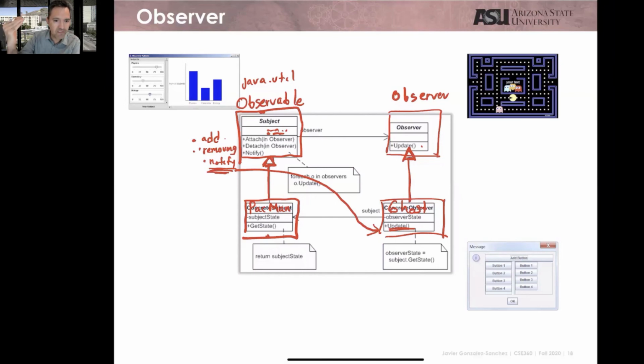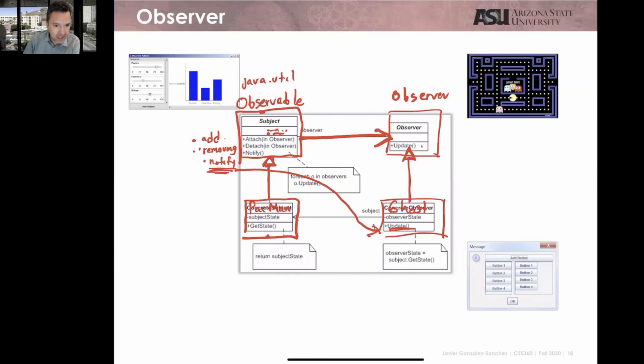The method notify that the pacman is inheriting is going to be calling the method update in the ghost. And I am sure that the ghost has a method update because I connected the ghost with observer. And this connection is the association there.